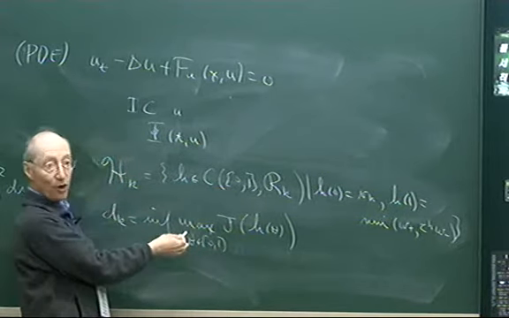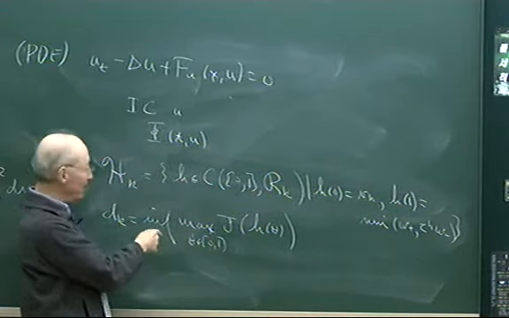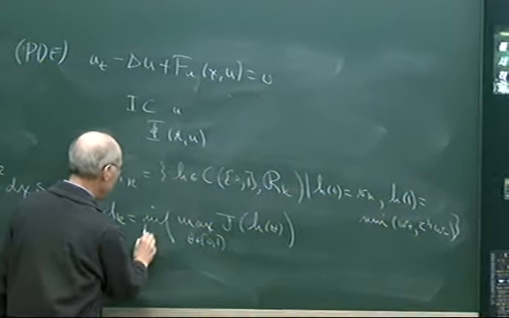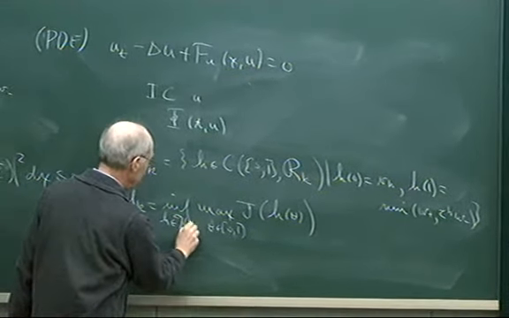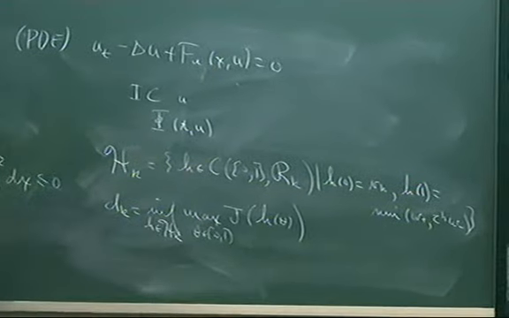We take the largest value of J and then take the inf over h in Hk. That's sort of a mountain pass setting.